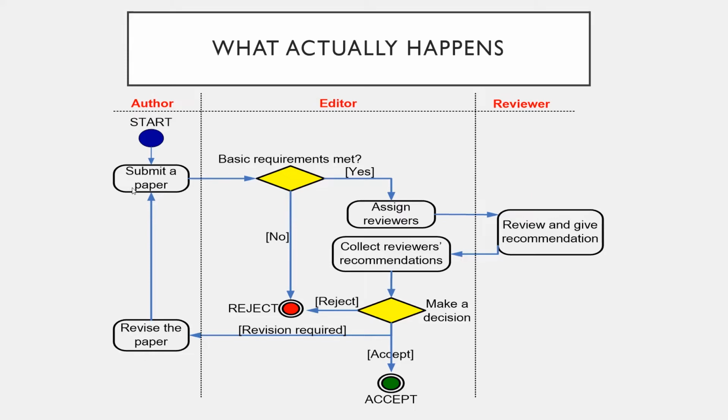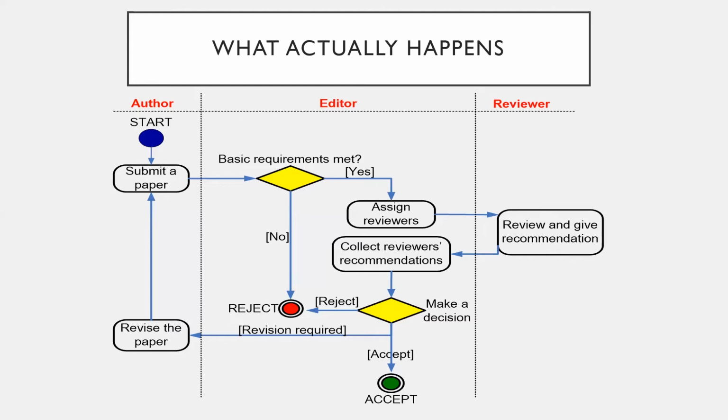When you submit the paper to the journal portal, the editor will see if you followed the guidelines and the basic requirements are met. If yes, the paper continues on to the reviewers. If not, it will be rejected at the first stage. So you need to be careful when submitting a paper. You should follow the guidelines.